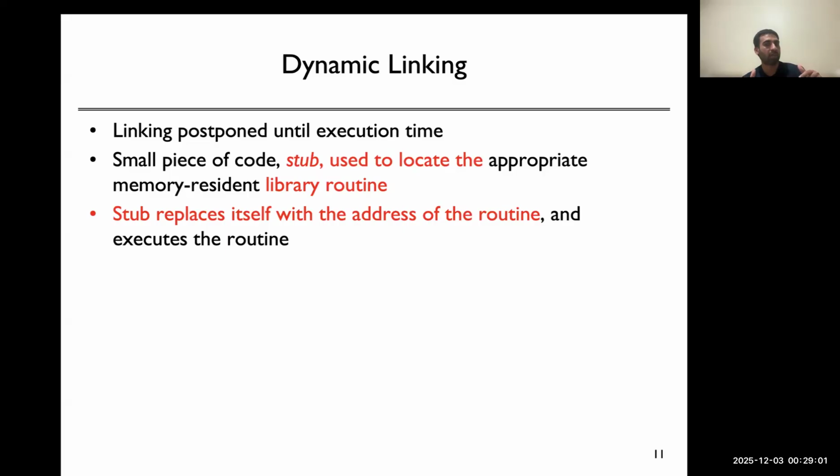But when dynamic linking is performed, that placeholder will be filled with the actual address of the memory location where printf is defined. So the stub will replace itself with the address of the routine and then execute the routine.